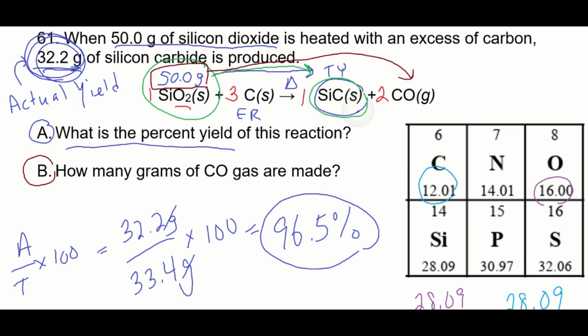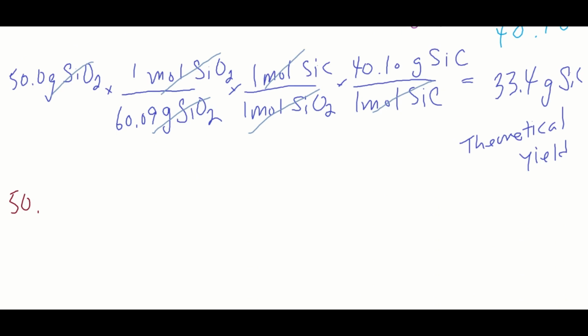But now that we have the theoretical yield, we can use that and take it to our answer as well. So there's a couple ways you can do this. I already have the molar mass of silicon dioxide, so I'm just going to use that. But what I'm saying is you could have started here, with the mass of silicon carbide, and got your answer.